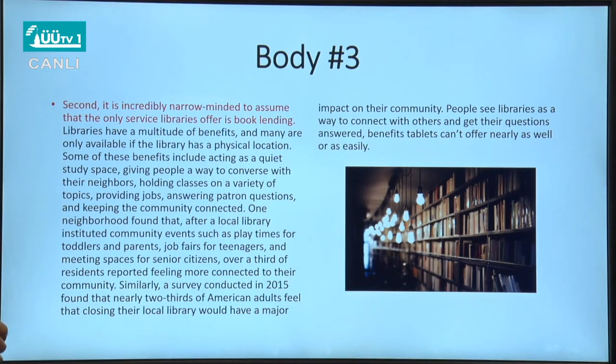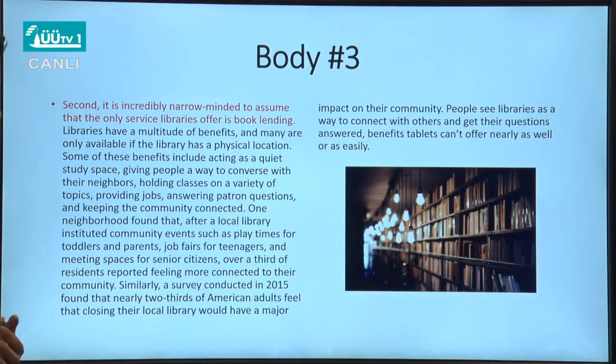One neighborhood found that after a local library instituted community events such as playtimes for toddlers, which means very small children, and parents, job fairs for teenagers, and meeting spaces for senior citizens, over a third of residents reported feeling more connected to their community. So it brings out a kind of feeling of community or connectedness.